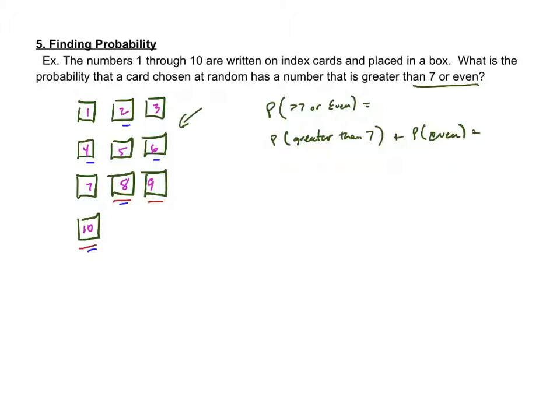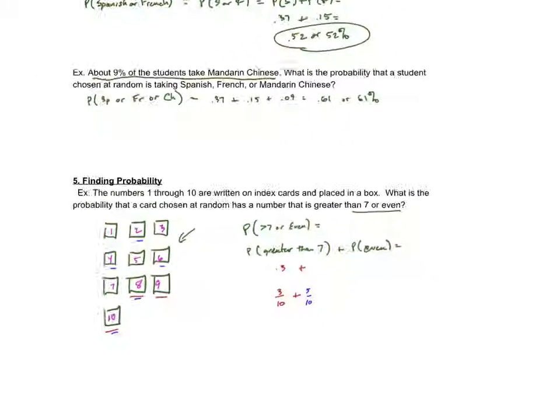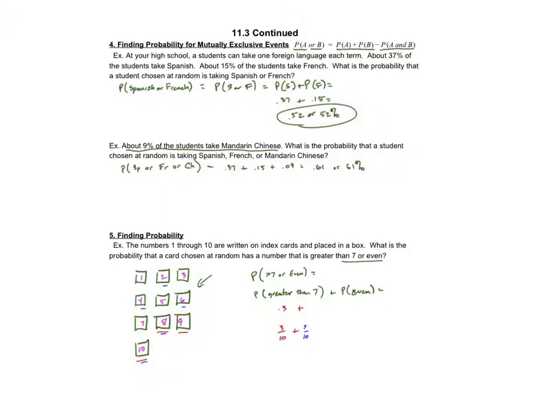So we ended up with 3 out of 10 plus 5 out of 10. I said 6 out of 10, but enough of that confusion. It's going to be 5 out of 10 of those cards that are even.